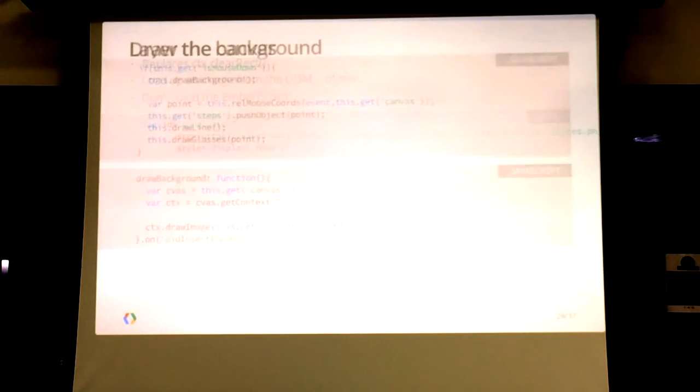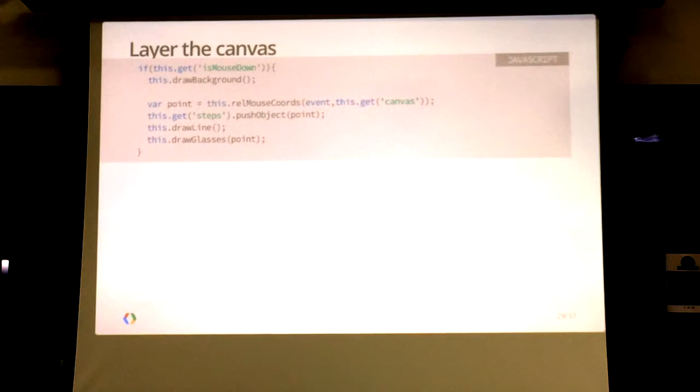Okay, cool. So how are we going to do all the layering? Because we've only ever had one command going on at once. We were either drawing a line or we were drawing sunglasses. And here, I'm going to do the background and the line and the glasses all together in the mouse event.